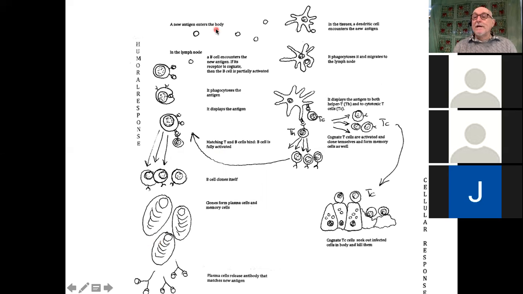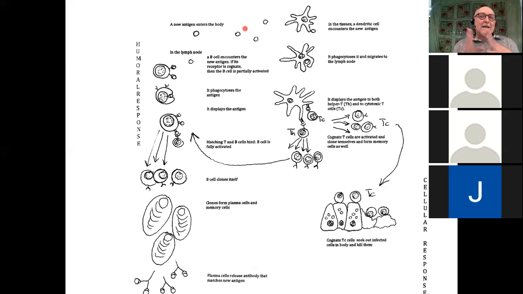We start the story with the entry of a new pathogen into the body. Let's say that this is a virus, because this system works both for viruses and for bacteria, but it works particularly well for viruses. A particularly strong response occurs when virus enters the body.